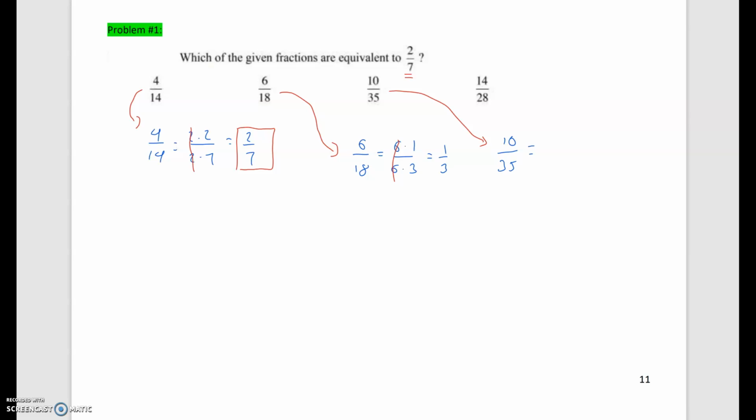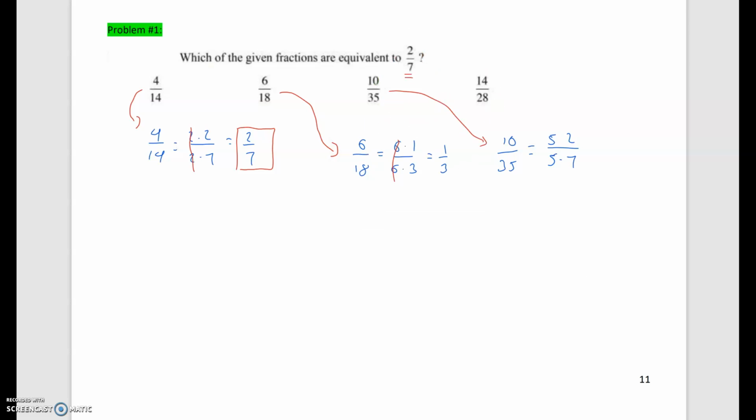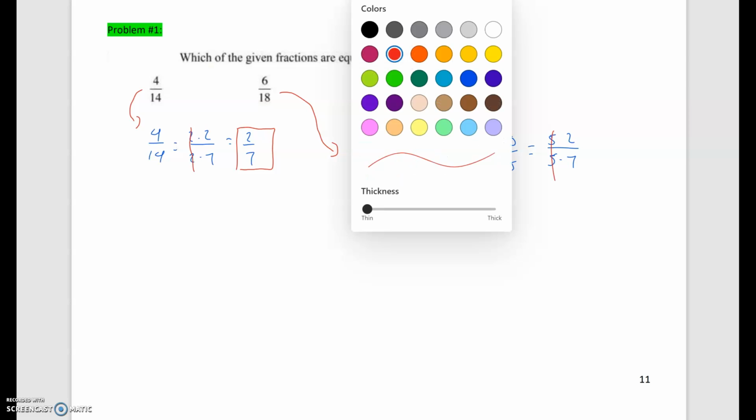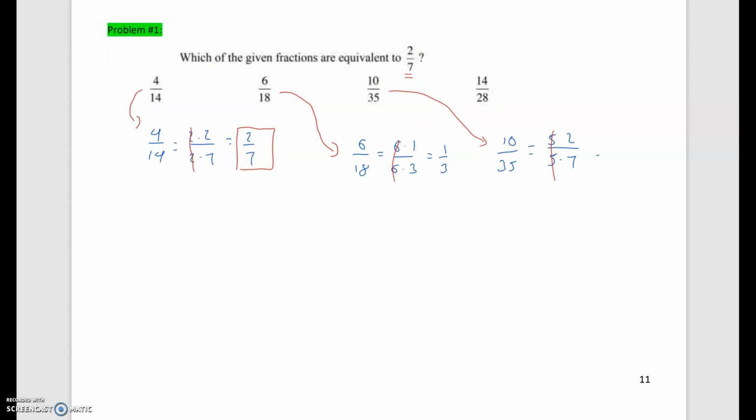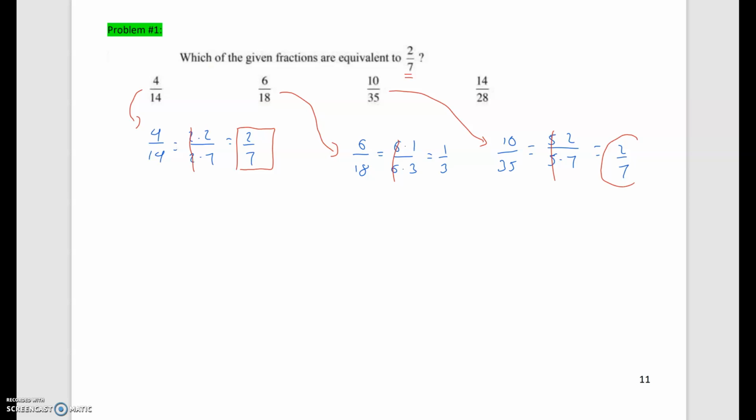That's the only one that I see, so it'll be 5 times 2 over 5 times 7. And then you can cancel the 5s, and we do end up with the value of 2/7. So this is going to be another fraction. So far we have 2.